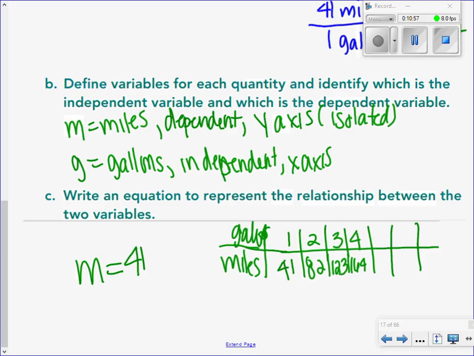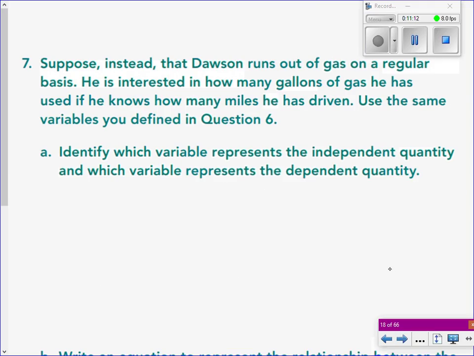It should be 41, because I go 41 miles for every gallon of gas. So here's the equation I can use: M equals 41G. All right, go to the next page.